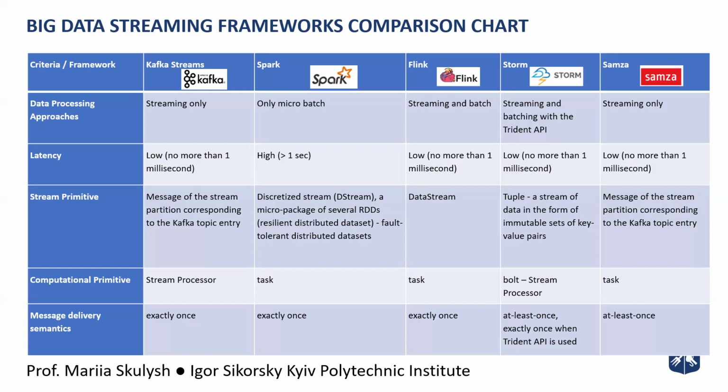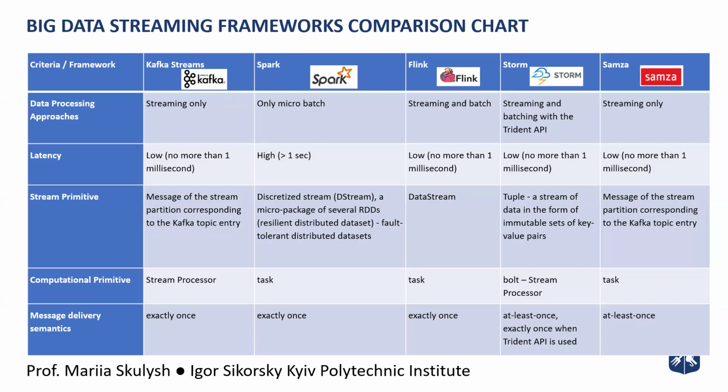For example, Storm has a tuple, a stream of data in the form of tuples. It means that all data is taken by some tuple for processing, each tuple by tuple. So block by block. This tuple is a block.